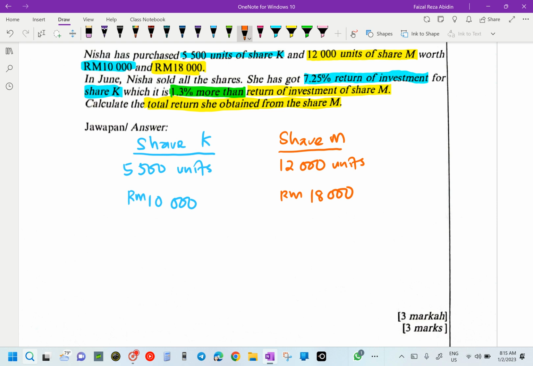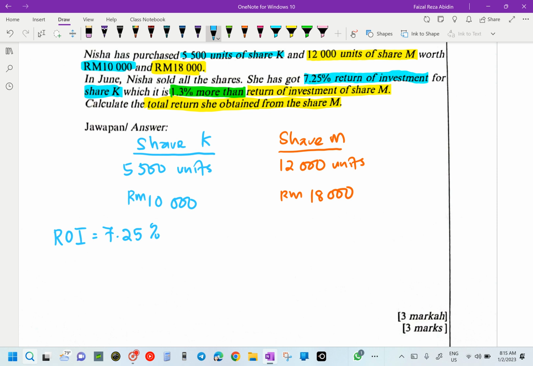Next, in June, it means that after she bought, Nisha sold all the share, for both share K and share M. For share K, it says over here 7.25% ROI.